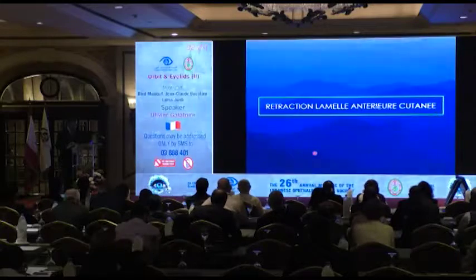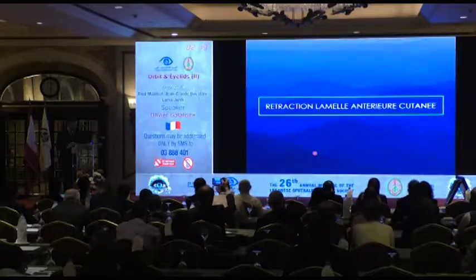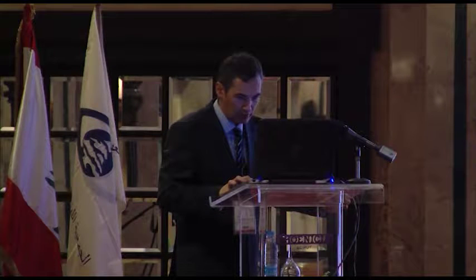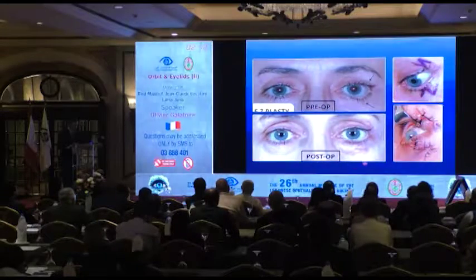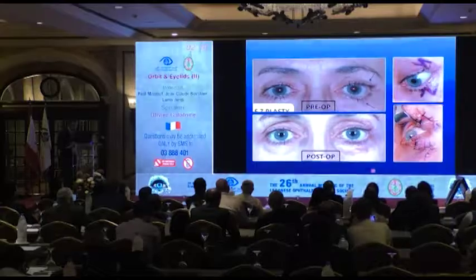One word about retraction due to anterior lamellar disease, post-traumatic, as you can see. The first plasty is a Z plasty, and for little retraction it can give good results.